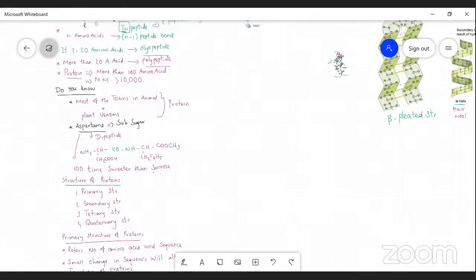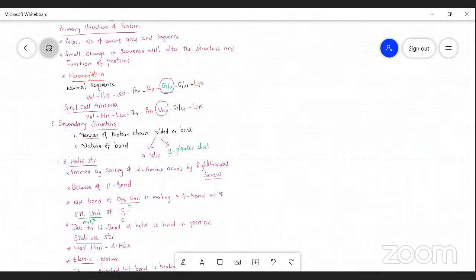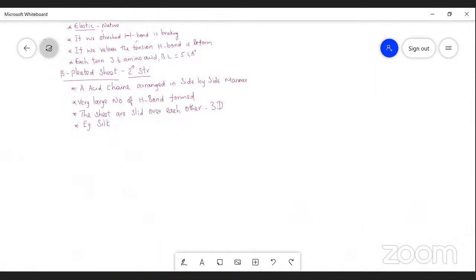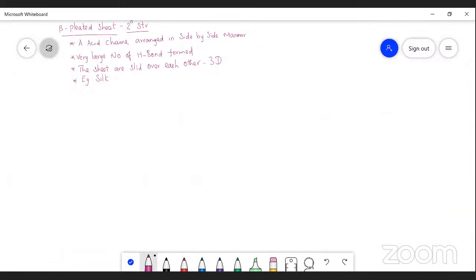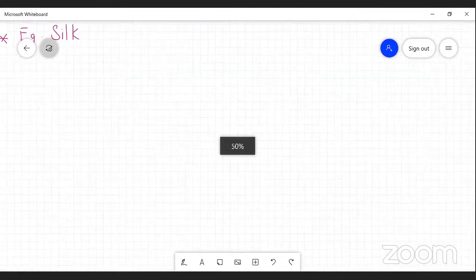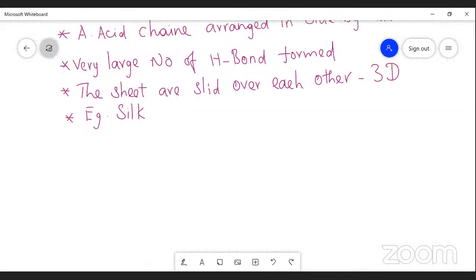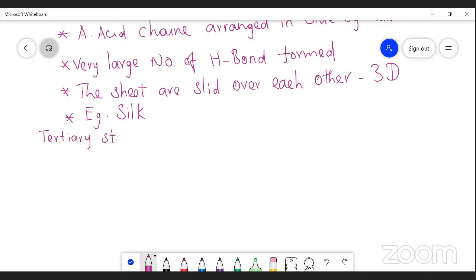Now we are taking the tertiary structure of proteins. So listen, the third one is the tertiary structure of protein.